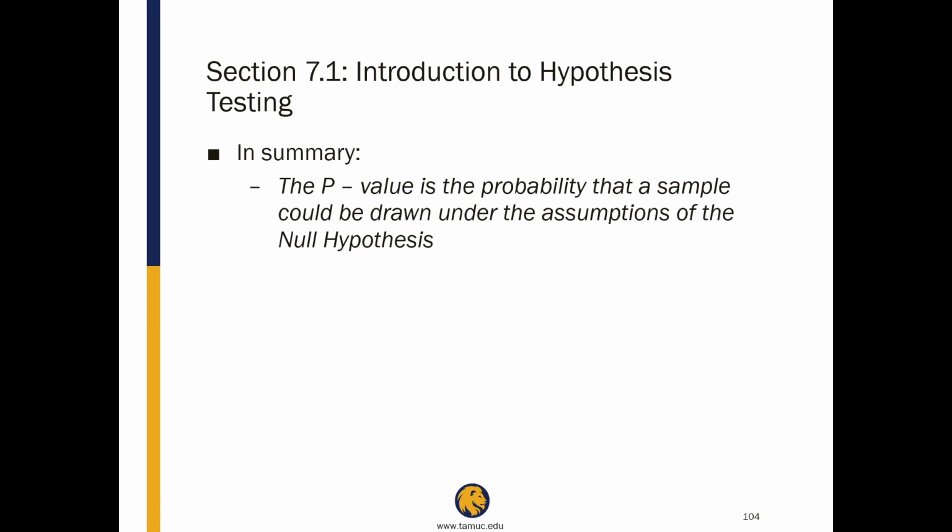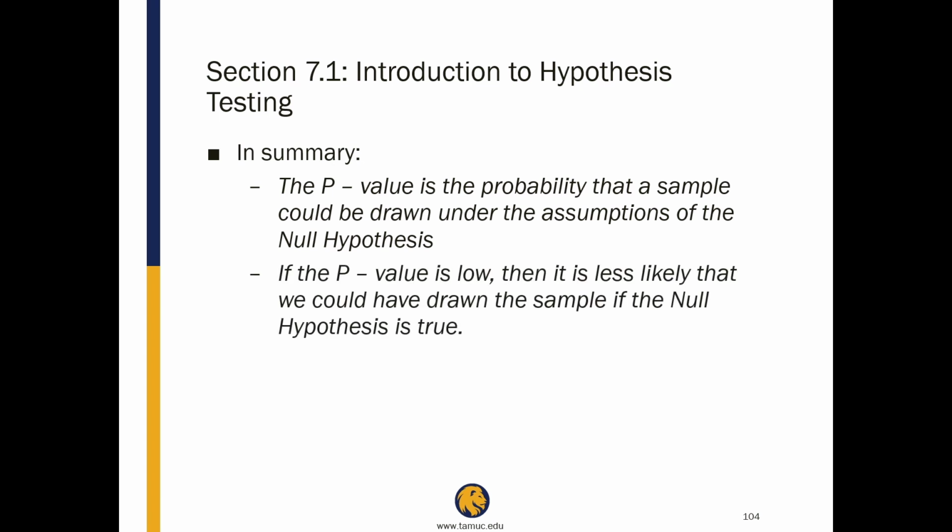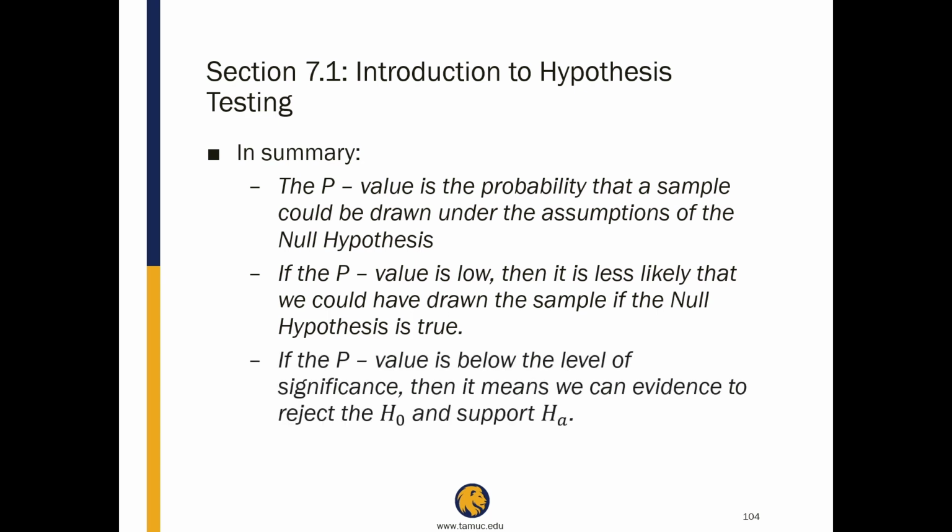The p-value is the probability that a sample could be drawn under the assumptions of the null hypothesis. However, if the p-value is low, then it's less likely that we could have drawn that sample if the null hypothesis is true. As a result, if the p-value is below the level of significance, then we have enough evidence to reject the null hypothesis and support the alternative hypothesis.